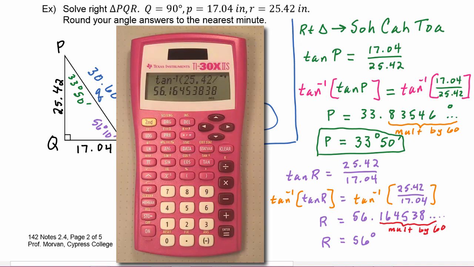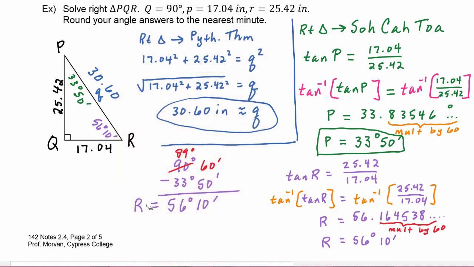So once again, your best bet is just subtract away the 56, hit enter, and then multiply times 60, and you see that that 9.87, etc., is going to round to be 10 minutes. So we get the same answer that we had before.